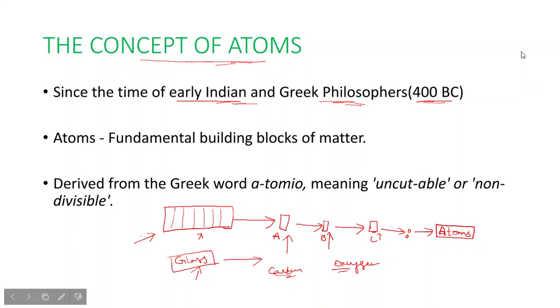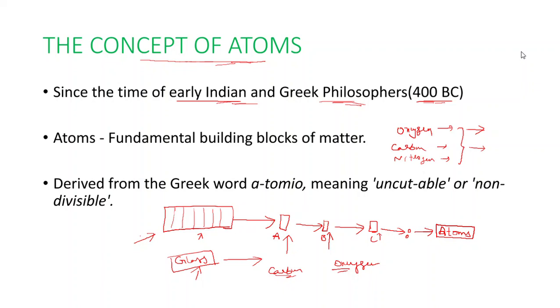For example, oxygen has some chemical properties. Carbon has some chemical properties. Nitrogen has some chemical properties. So why are these chemical properties different? Why are the chemical properties that oxygen has different from the properties that carbon has? Why do they differ?